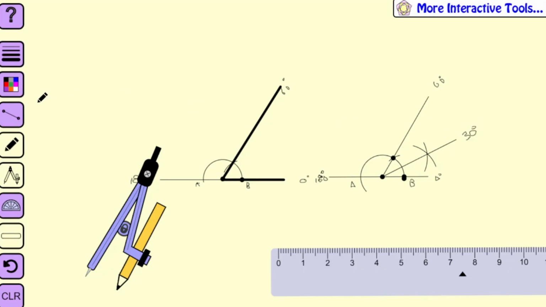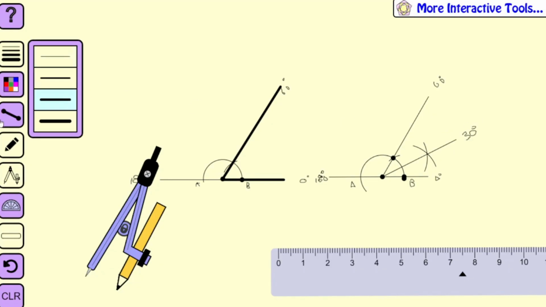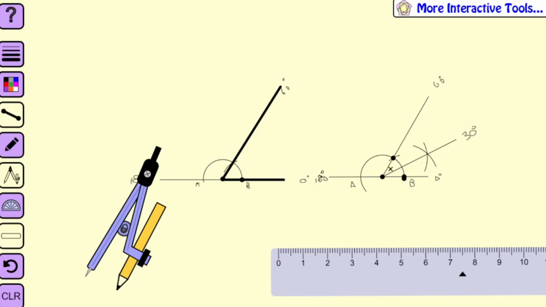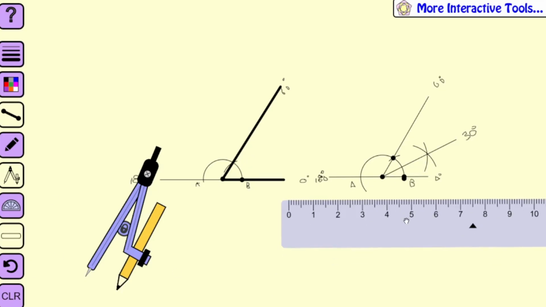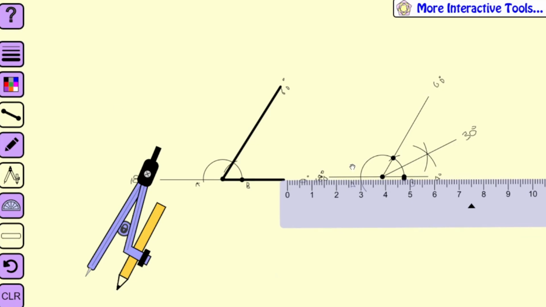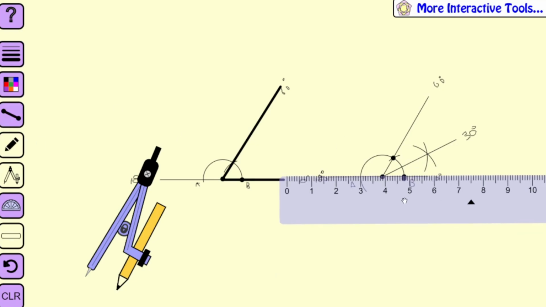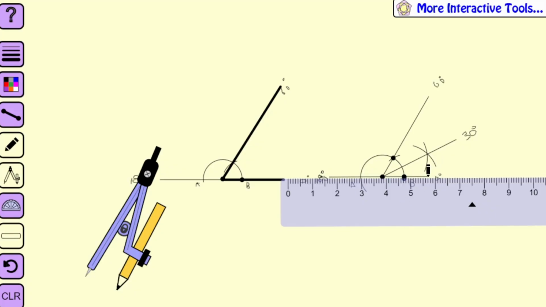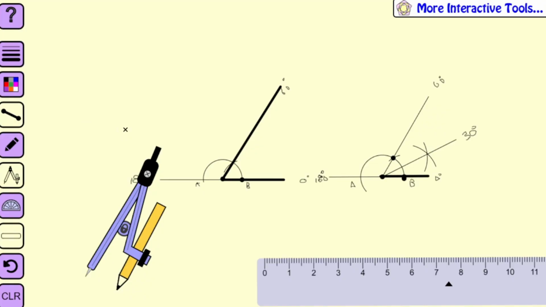And because the question asks for the 30 degrees, you're going to now darken from 0 to the vertex, and then from the vertex to the 30 degrees, because that's what the question asks for.